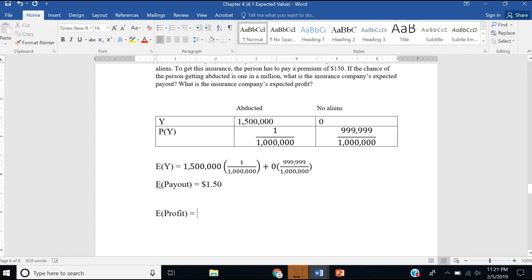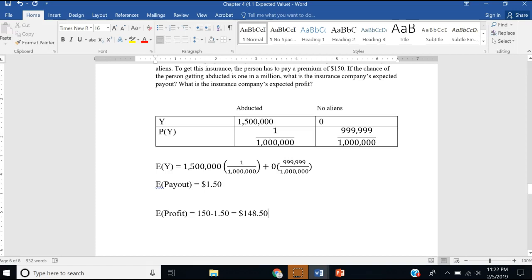So we're going to take 150 minus, on average, you pay out $1.50. And what you're getting is that your expected profit is $148.50. So there's a pretty good return on investment if you're insuring people for being abducted by aliens.